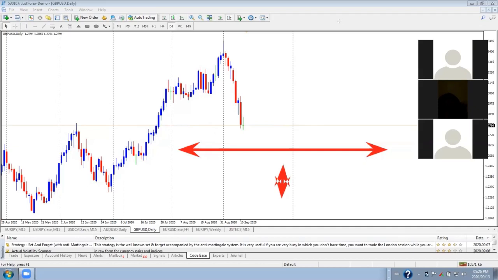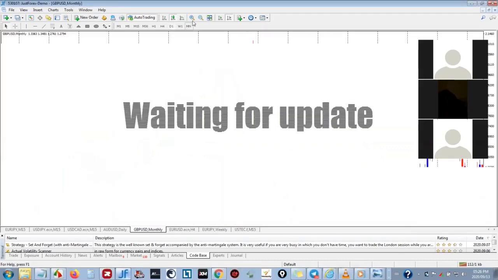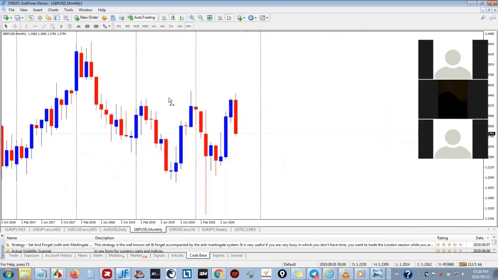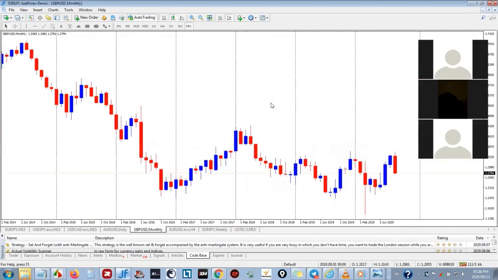Let us dive into a real life example and see exactly how we locate our supply and demand. The first thing I suggest is we start from the monthly chart. On this monthly chart of GBP USD, if we look closely, you will notice that the trend in the monthly was down.